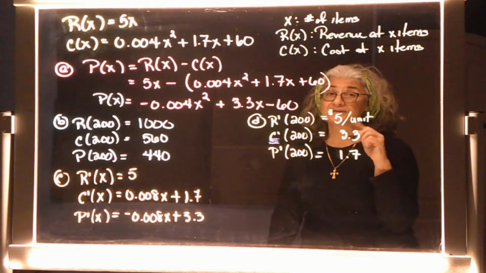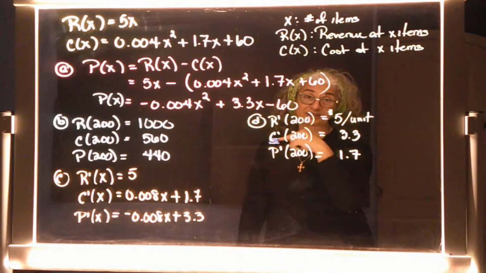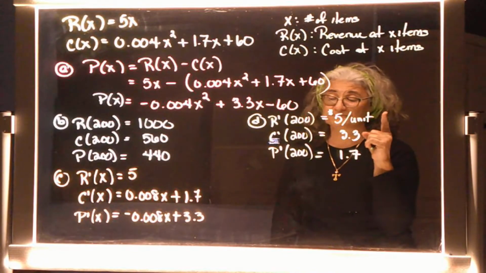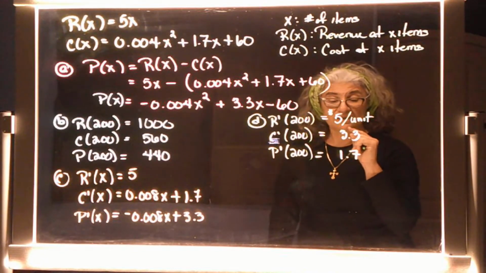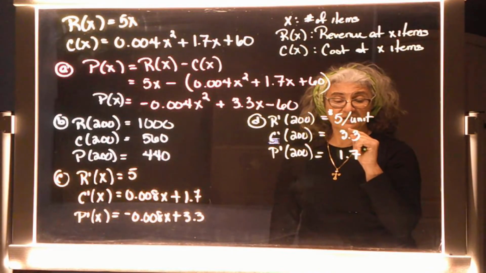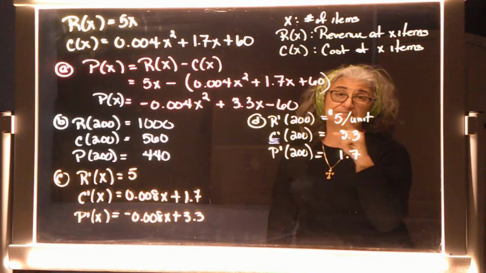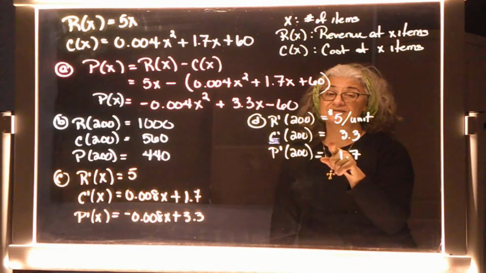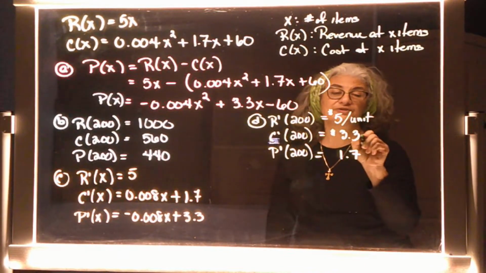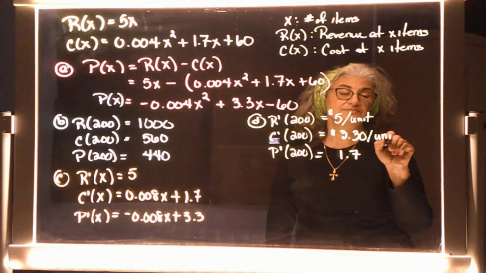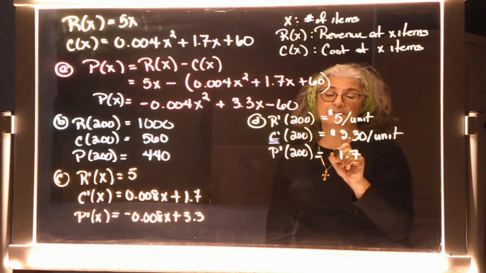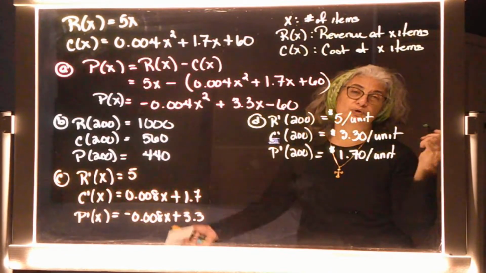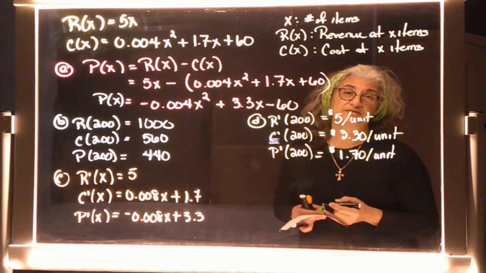Because remember, the first derivative based upon the previous definitions was for the x plus first item, right? Okay. Or pardon me, of the x item. My goof. Good? Okay, the cost is $3.30 per item at 200 items, and the profit is $1.70 per item or unit at the 200th.